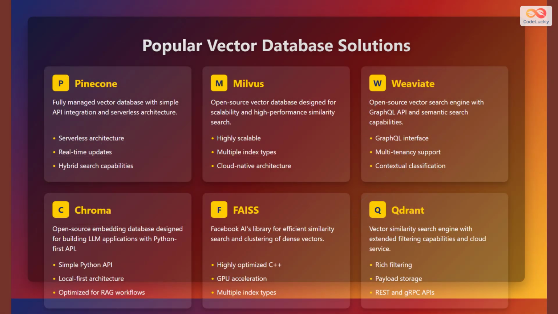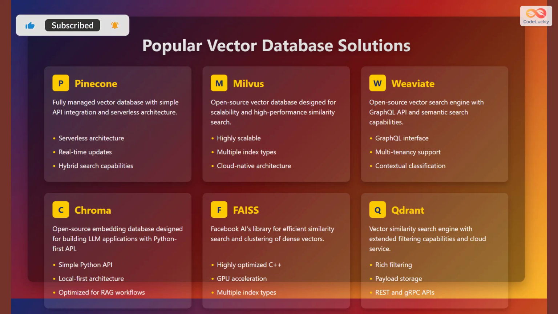Here are some popular vector database solutions. Pinecone is a fully managed vector database with simple application programming interface integration and serverless architecture. It has real-time updates and hybrid search capabilities. Milvus is an open-source vector database designed for scalability and high-performance similarity search with cloud-native architecture.